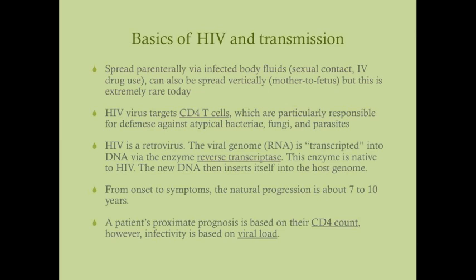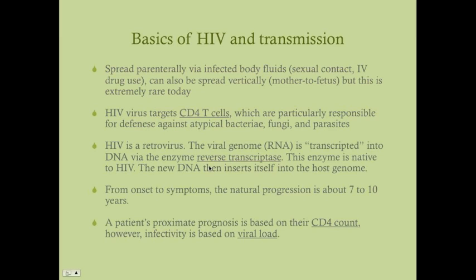So normally you would go from DNA to RNA, but this reverse transcriptase allows the genome to be converted from RNA to DNA. So you're kind of going the reverse, and that's why it's called reverse transcriptase. This enzyme's native to HIV, and it's going to play a big role when we're talking about treatment for HIV, because this is the enzyme that's so specific to HIV that we can target this as an effective treatment.